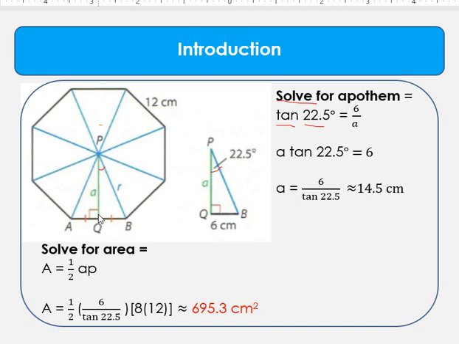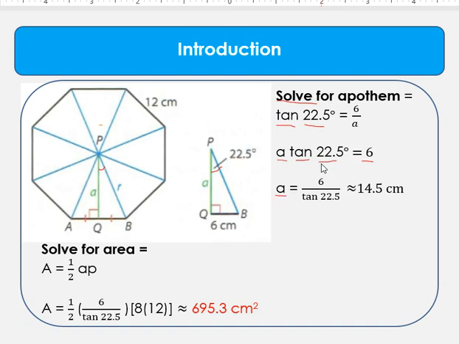Now we need to solve for the apothem, A, and that means that we're going to be solving for A in our formula, and right here it's dividing 6, so we need to multiply both sides by A. We'll end up with A tan 22.5 equals 6, and that's by multiplying both sides by A. And now we need to solve for just A, the apothem.